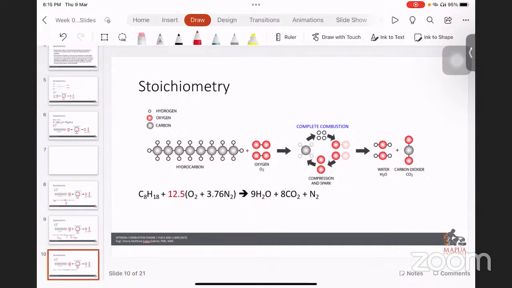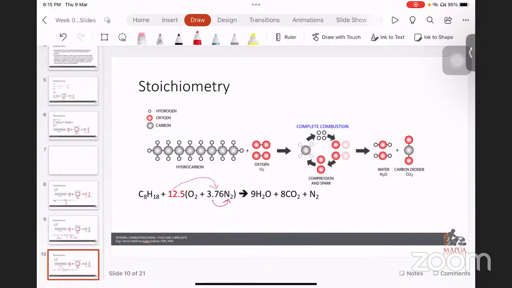So, meron ka na ngayong 12.5 O2. So, itong 12.5 O2 times 3.76 times 2, ayan yung number of N2 natin.